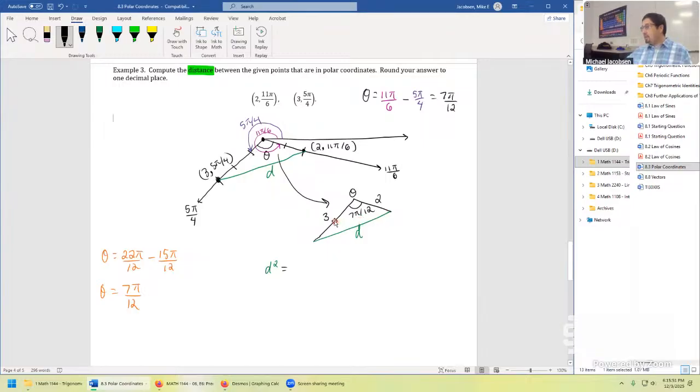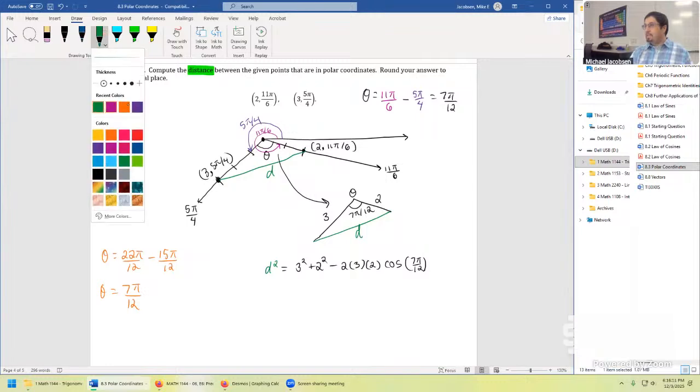So we can say distance squared is going to be this side length squared plus the opposite side length squared, so 2 squared, minus 2 times those same legs again, 3 times 2, times cosine 7 pi over 12.